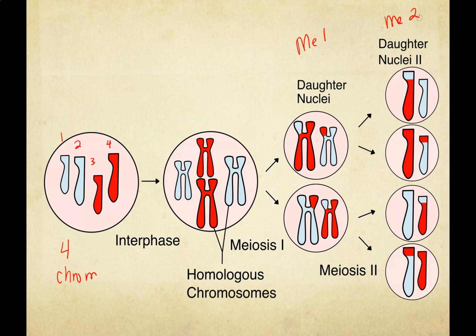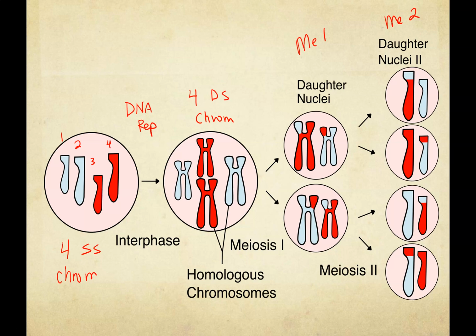Now, there's way more to the story than this, but what's going to happen is, just like in mitosis, there will be DNA replication. So if you notice here, you go from 4 single-stranded chromosomes to 4 double-stranded chromosomes. You did not add any chromosomes, you simply doubled your amount of DNA.